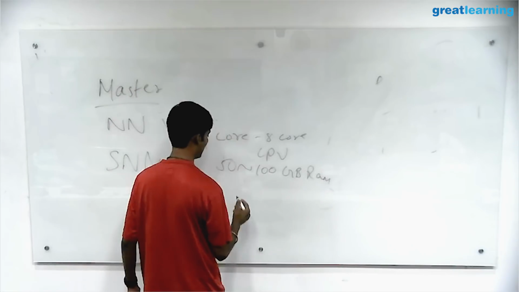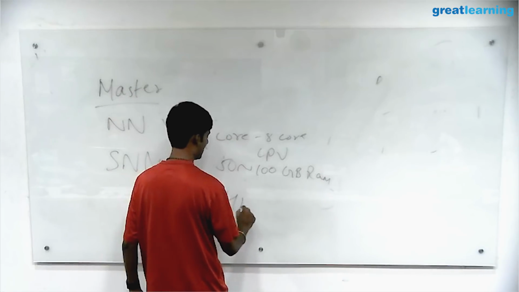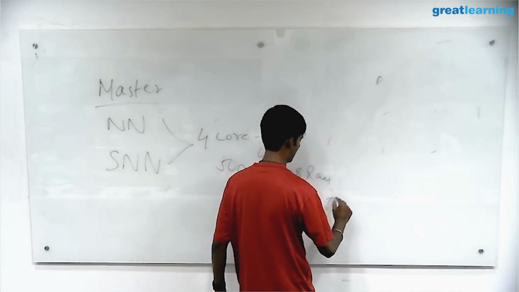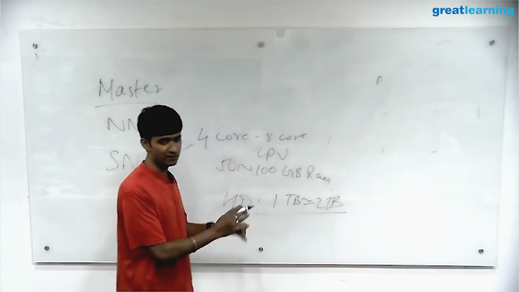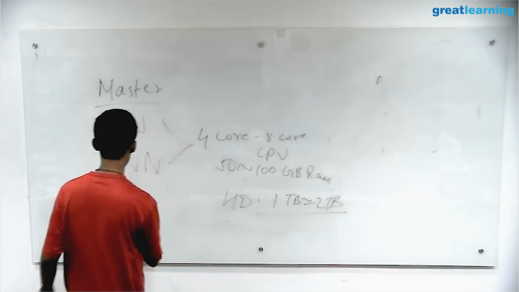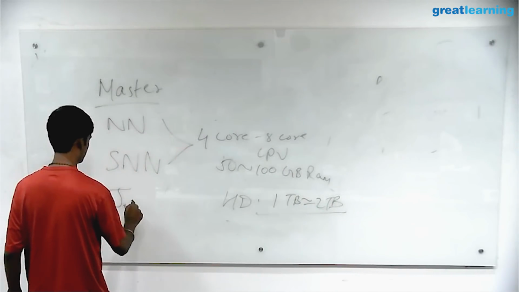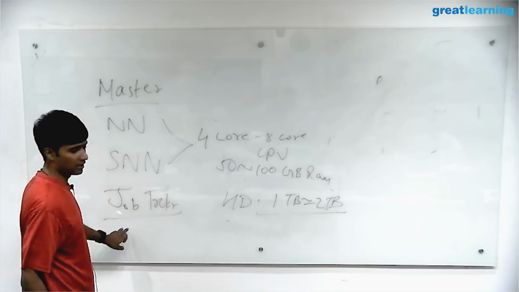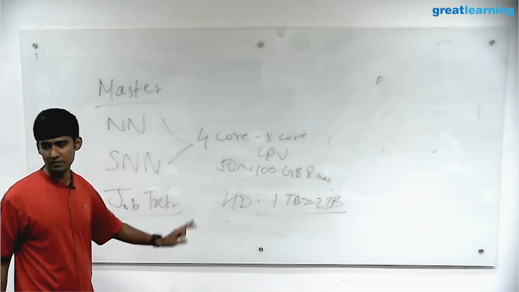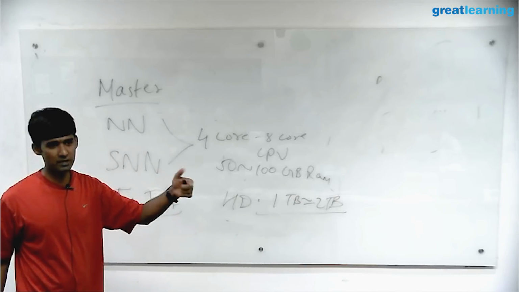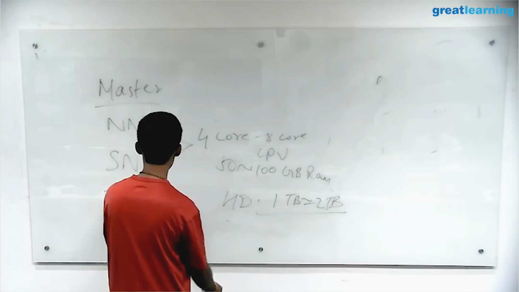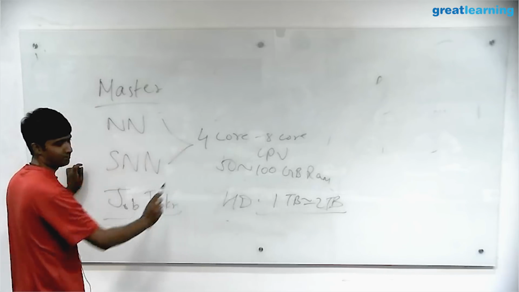Here the hard drive will be less, less than say 1 terabyte or a maximum of 2 terabytes. Not a huge hard drive. Job tracker also has a similar configuration. Remember, 3 machines in the master mode, name node, secondary name node, job tracker, have more or less similar configuration. Job tracker need not even have so much RAM.